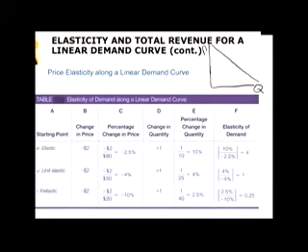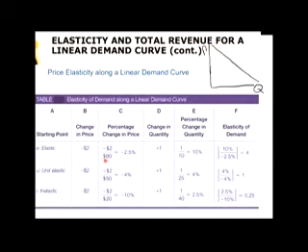Suppose we're on the elastic portion of the demand curve and the price goes down by $2 and the quantity goes up by 1 unit, in this section of the demand curve. So a $2 change in the price is a relatively small percentage change because the initial price is very high. And in this section of the demand curve, prices are very high.